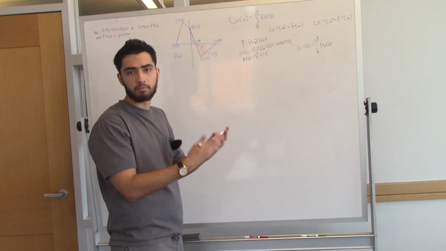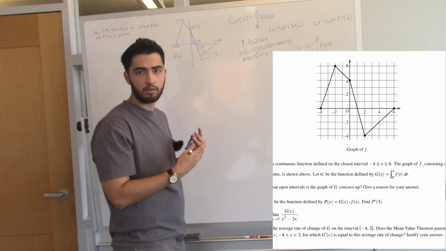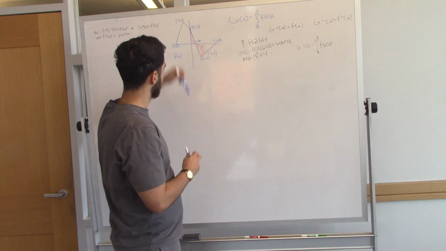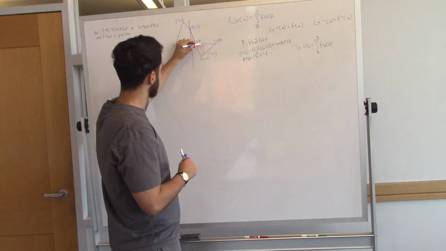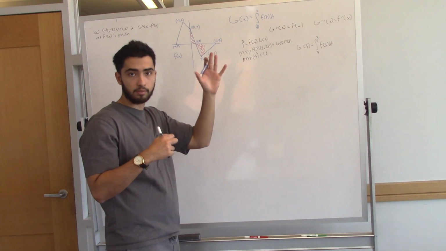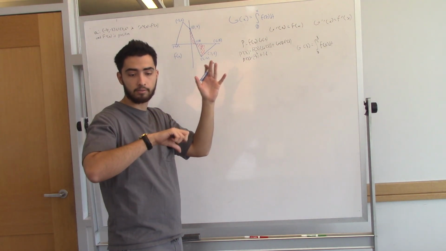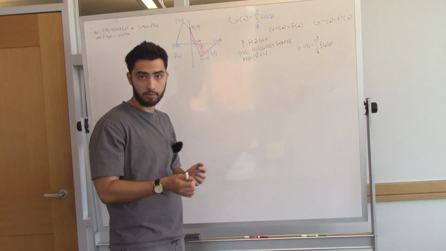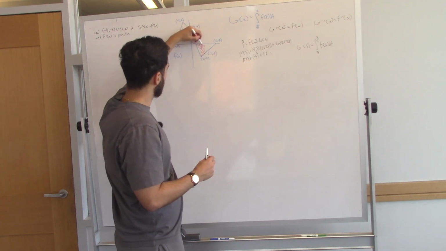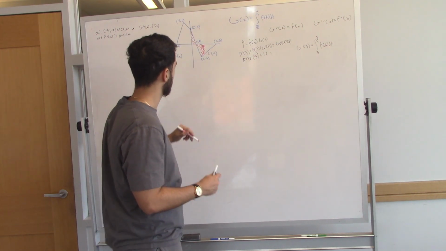So I'll probably post it up somewhere here and show you more clearly, but essentially, this triangle has the same area as some triangle here. So those two areas, one is positive above the x-axis, other one's negative below the x-axis, they're going to cancel out. So then what we are left to find is this little tidbit here, right?